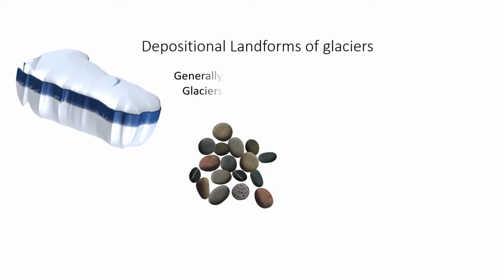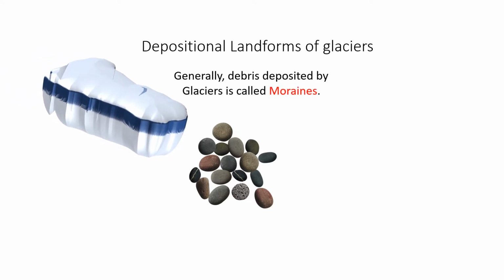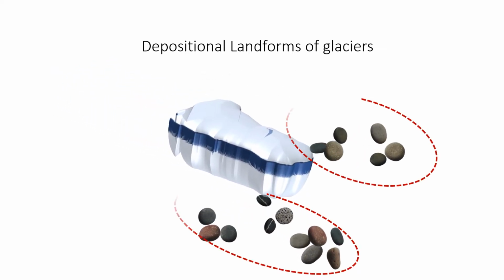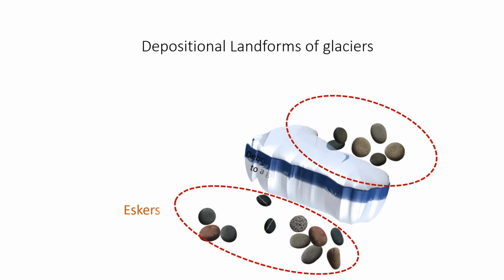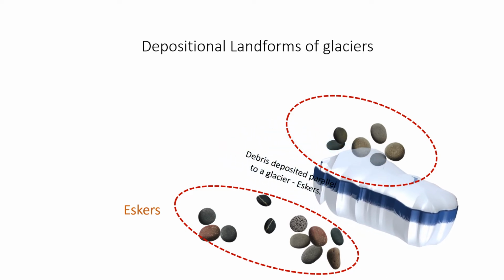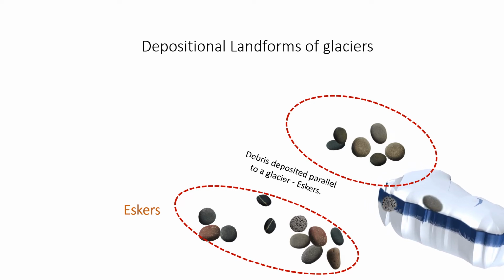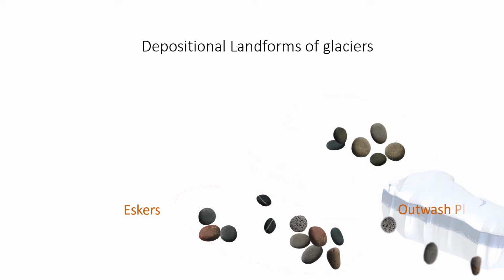Depositional landforms of glaciers. In a general term, all the debris that are deposited by glaciers are referred to as moraines. The debris deposited on either side of the glacier parallel to it, such debris are called eskers. While nearing the end of its journey, a glacier slowly melts.